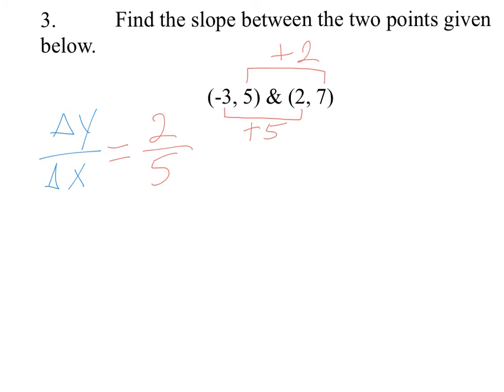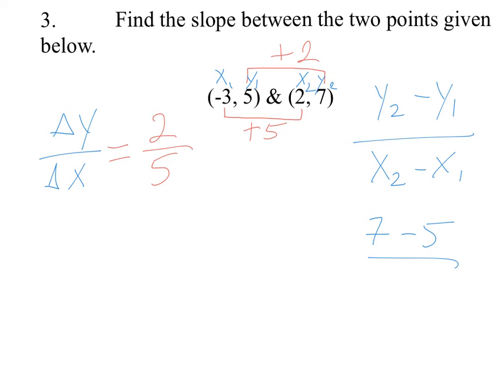Alternatively, some of you prefer talking about this as x1, y1, and x2, y2. And then you're looking at y2 minus y1 over x2 minus x1. In other words, 7 minus 5 over 2 minus negative 3, which is 2/5.